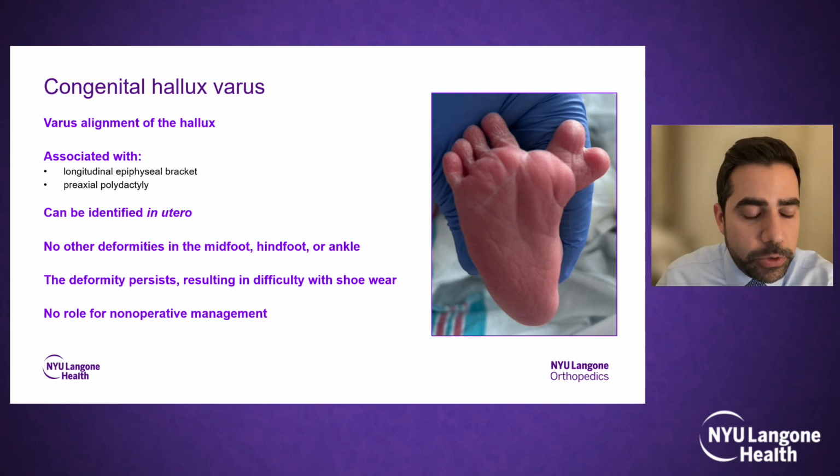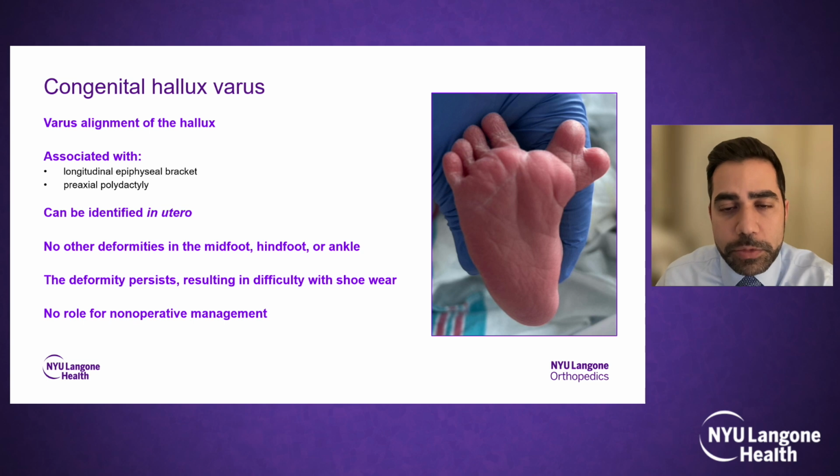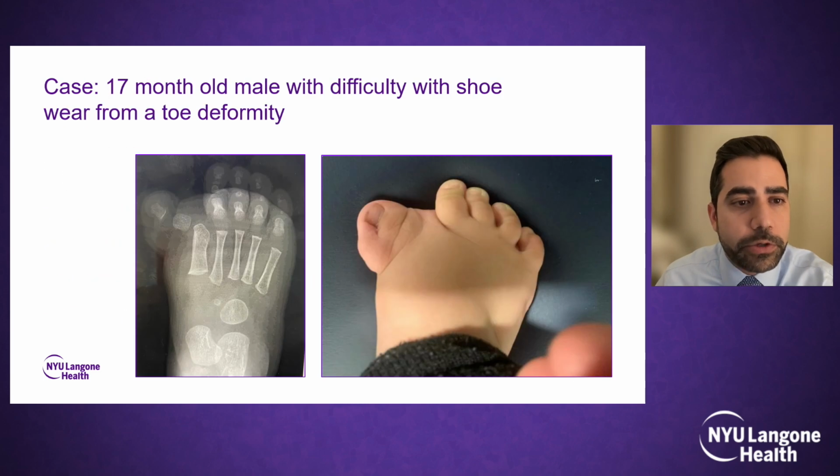These can be identified in utero on the scan ultrasound that's usually done at around 20 weeks. There are usually no other associated deformities, and it typically persists, and it can lead to extremely difficult shoe wear, as would clearly be noticed here. And so there's no role for non-operative management.